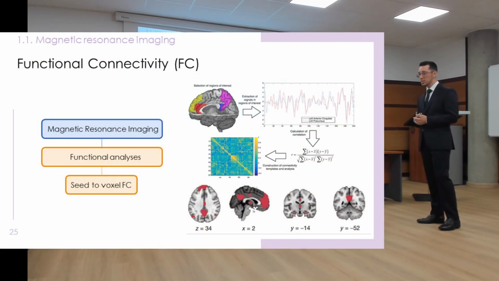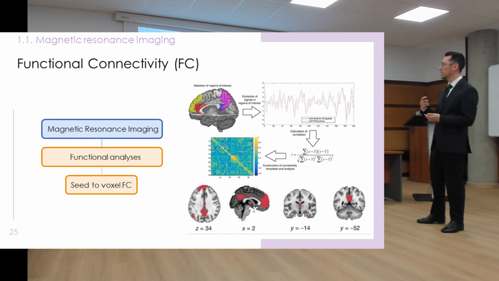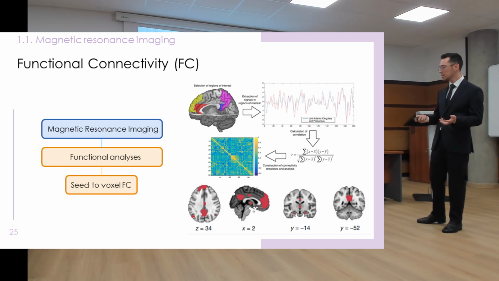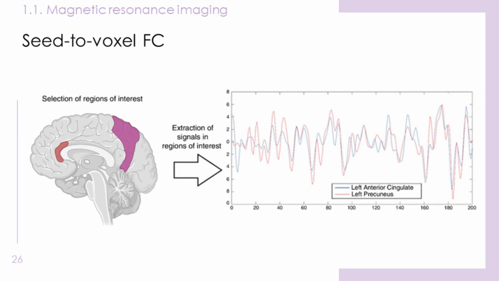So the BOLD signal can also be studied for a sustained state or condition. For example, the resting state, where a person is not performing any particular task. And this method is particularly useful to identify or map the different brain networks.